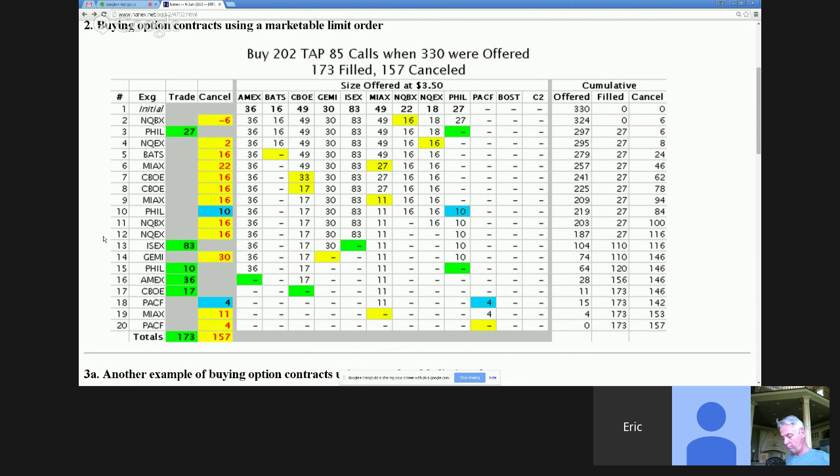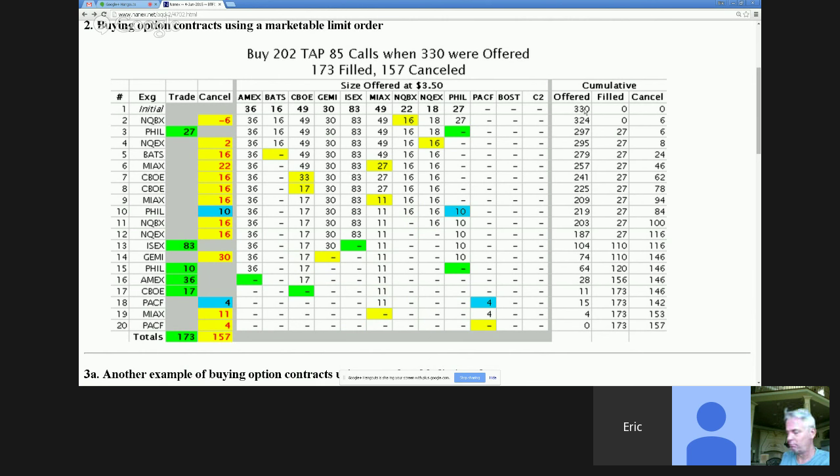Yeah, so this is what's happening in option contracts, and this is problematic, because this is one of many examples that I've recently been sent, that I've tracked down. In this particular example, this guy wants to buy 202 TAP 85 calls, and he puts his order in when he sees 330 are offered.